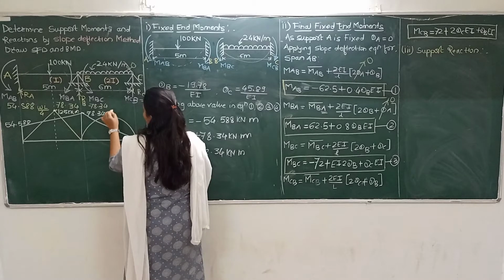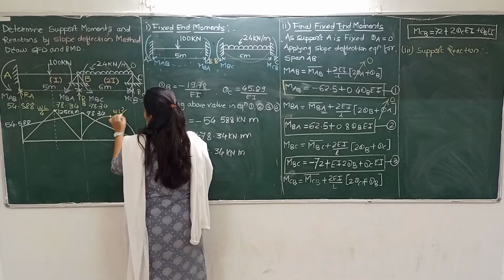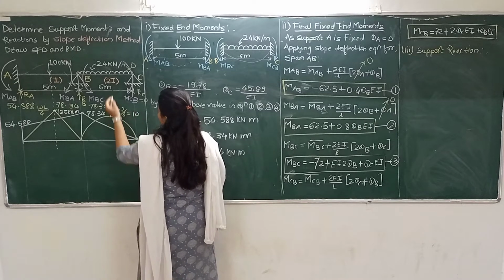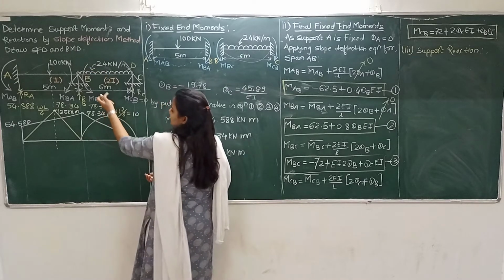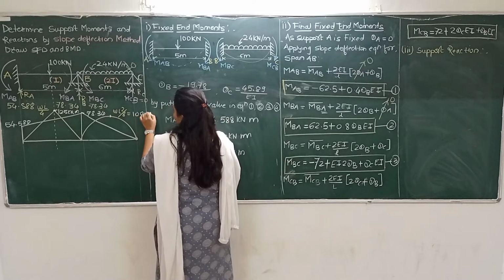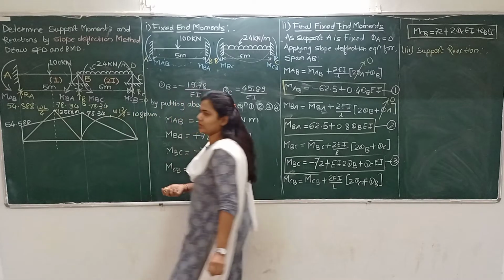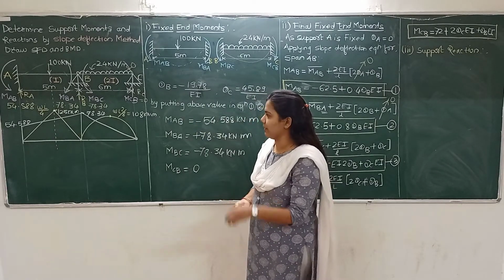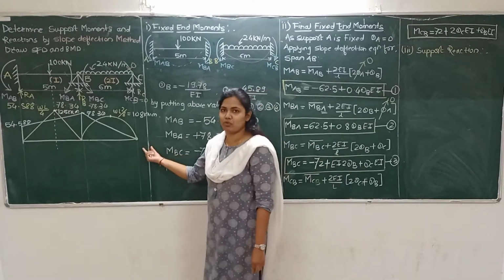Putting W as 24 and L as 6 meters, WL square by 8 comes to 108 kN-m. And this is the superimposed BMD.